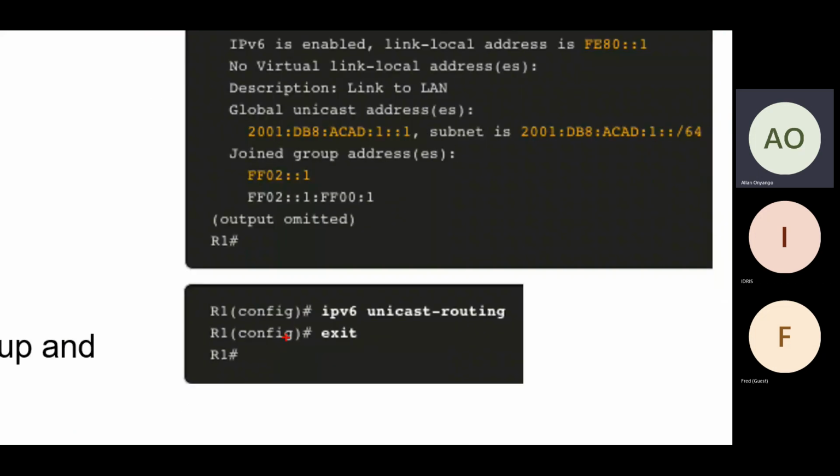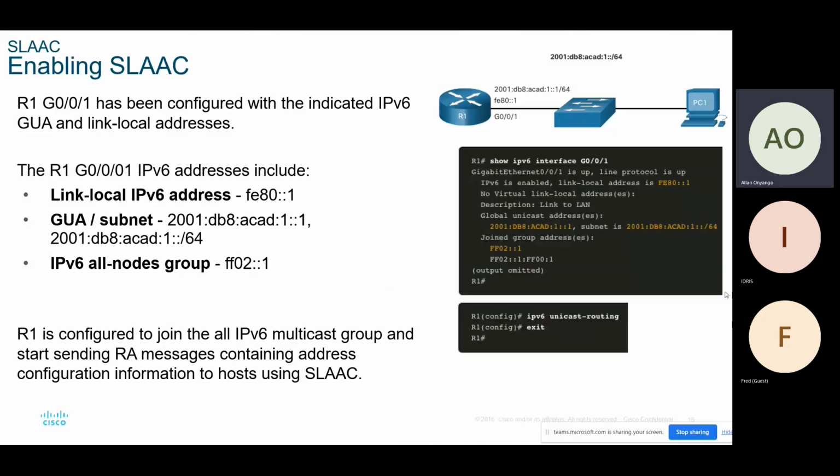You just need to say ipv6 unicast-routing on a router at the global configuration mode. Once you do that, your router will be able to acquire the link-local addresses, the global, and even the multicast addresses. That is very, very important for you to know, to enable SLAAC.